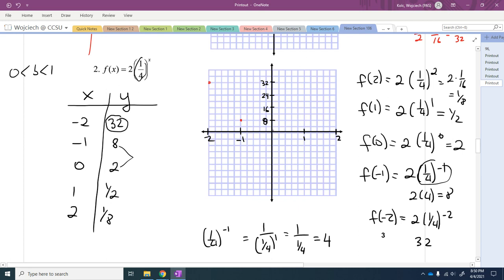That's also called initial value, which is very close to the origin. 1, 1/2, which would be slightly above the x-axis, and 2, 1/8, which is almost touching the x-axis. So if you graph this, you should get a graph that's getting closer and closer to the x-axis, but will never touch it.